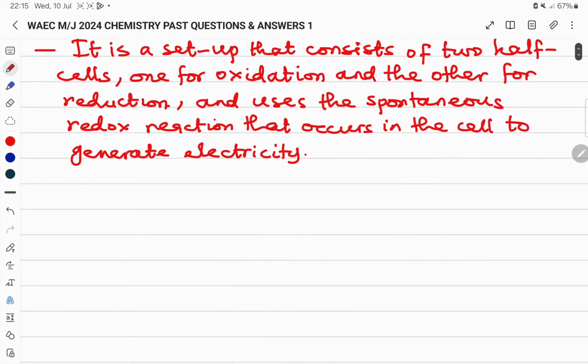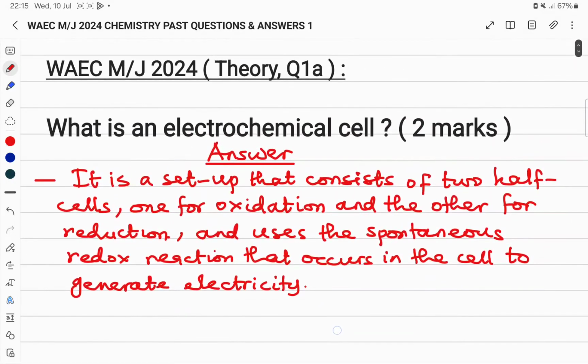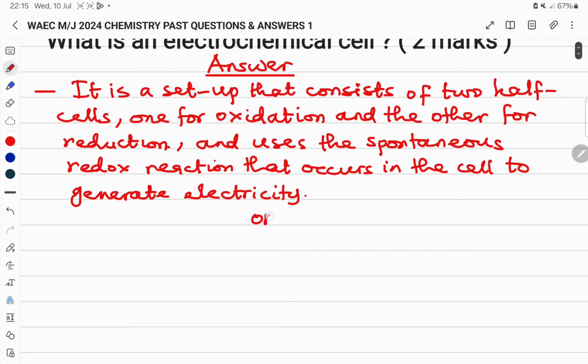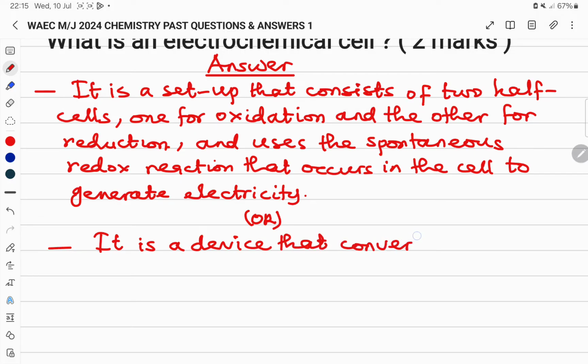You can also define electrochemical cell as follows. That's another way you can define it, as a device. It is a device that converts chemical energy to electrical energy.